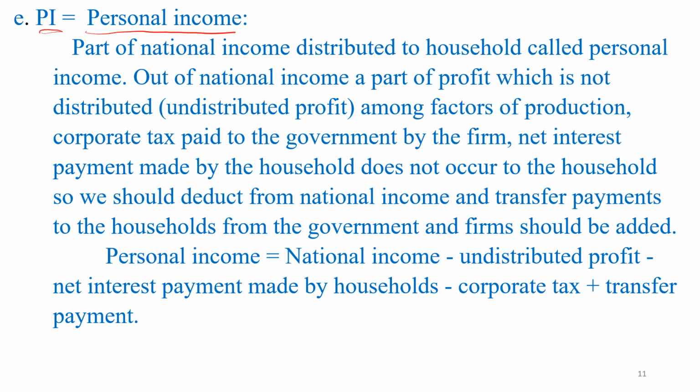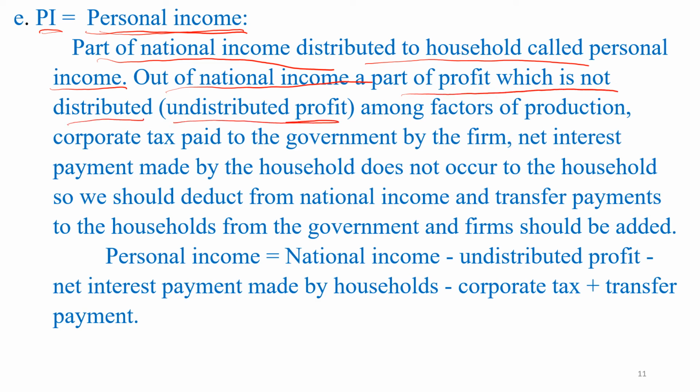Next one is PI, personal income. See, personal income is that income which is distributed among the factors of production. Part of national income distributed to households is called personal income. From national income, the part of profit which is not distributed, which we call undistributed profit, has to be deducted.